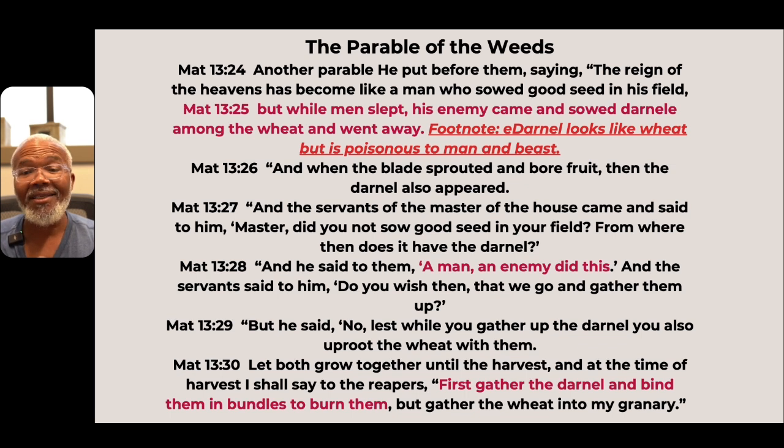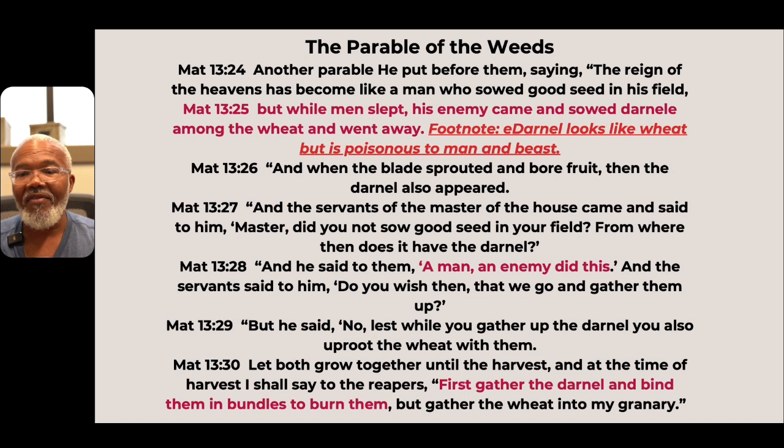But while men slept, his enemy came and sowed darnel, or some of you may know it as tares, among the wheat and went away." Now look at the footnote to this. Darnel looks like wheat, but it's poisonous to man and beast. So it looks like wheat, but it's poisonous. "And when the blade sprouted up and bore fruit, then the darnel also appeared."